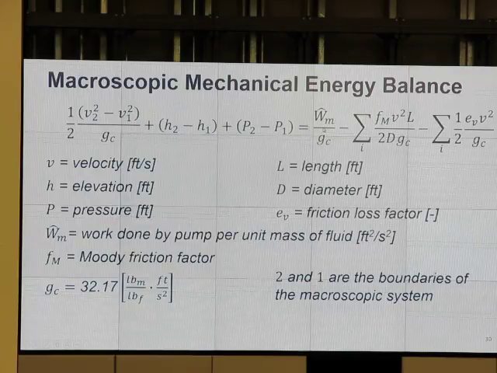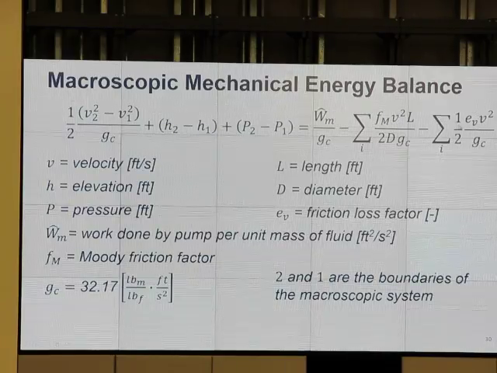Is that in W hat? Is that in F sub n? Is that in H2? No. F sub m? Wrong. It's E sub v.